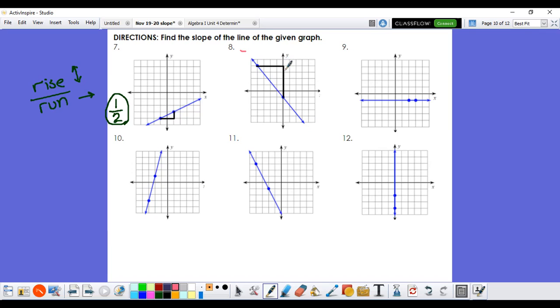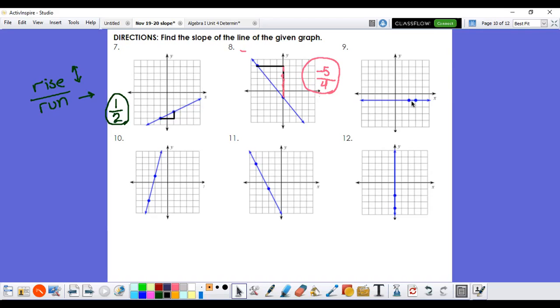The amount I'm going down is 1, 2, 3, 4, 5. So that's going to be represented by a -5. And the amount to the right is 1, 2, 3, 4. So in this picture, my slope is -5/4. Rise is always going to be counted first, and run will be counted second.